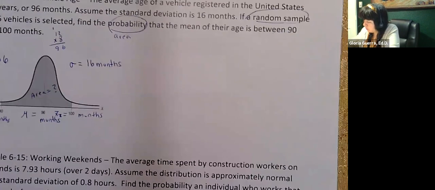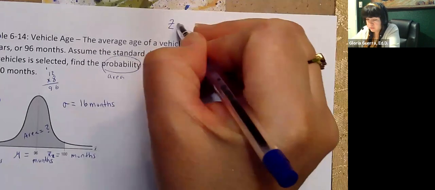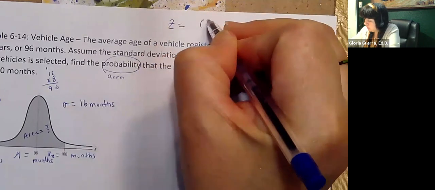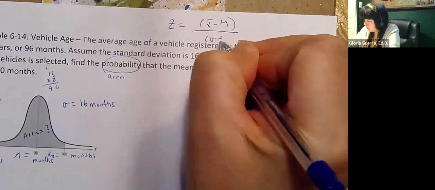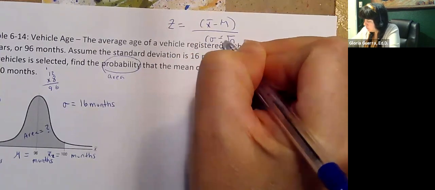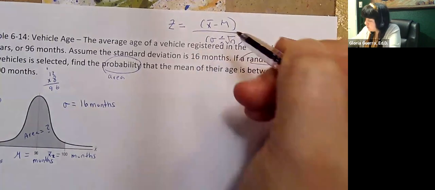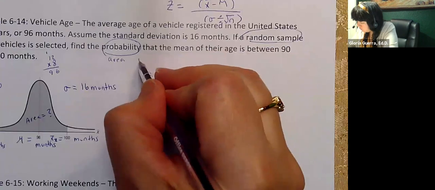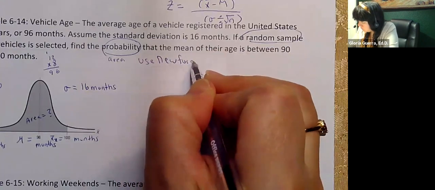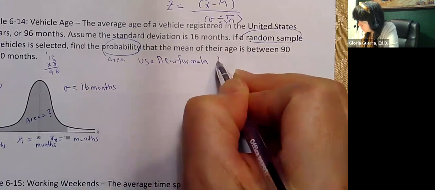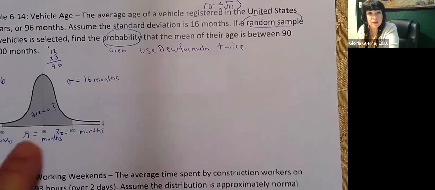And we're going to run into the formula, so I'll put the formula at the top: z is equal to x bar minus mu, divided by sigma divided by the square root of n. We're going to use the new formula twice, because we've got to run them through for both of them.